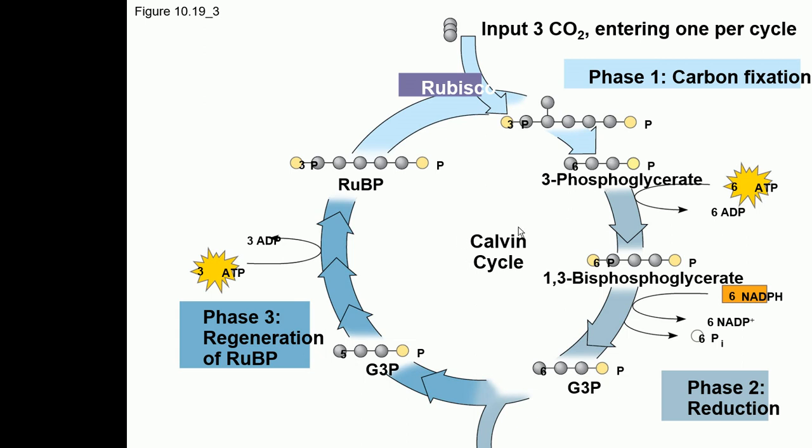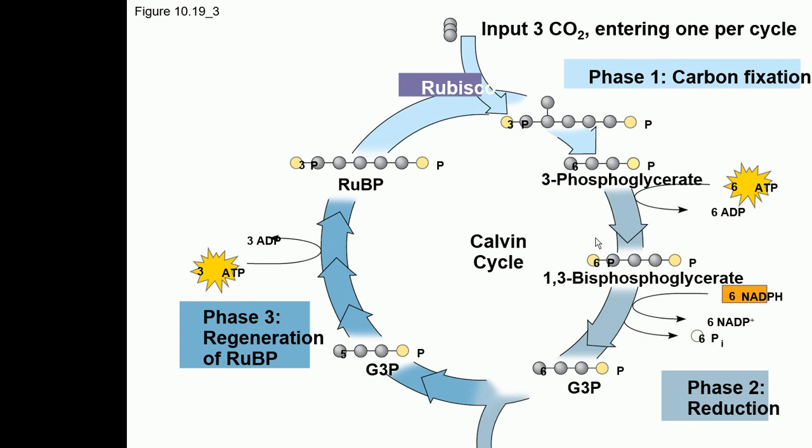After this, 1,3-bisphosphoglycerate gets reduced. Remember in cellular respiration everything was getting oxidized. This step is called the reduction step, because this compound is getting reduced, which means it is accepting electrons. From where do these electrons come? These electrons are coming from NADPH, which is produced in the light reactions.